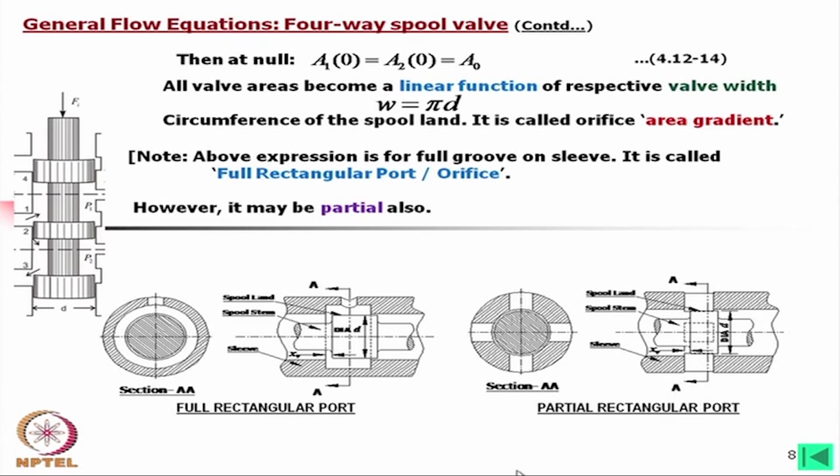Now, here I have shown the partial rectangular port. What is the difference? I think you can recognize it from this drawing, this is a perfect engineering drawing. Here we have made a groove inside the sleeve. Let us consider this width and this width are also the same. In this groove, we have made it throughout the periphery of the inside of the sleeve.